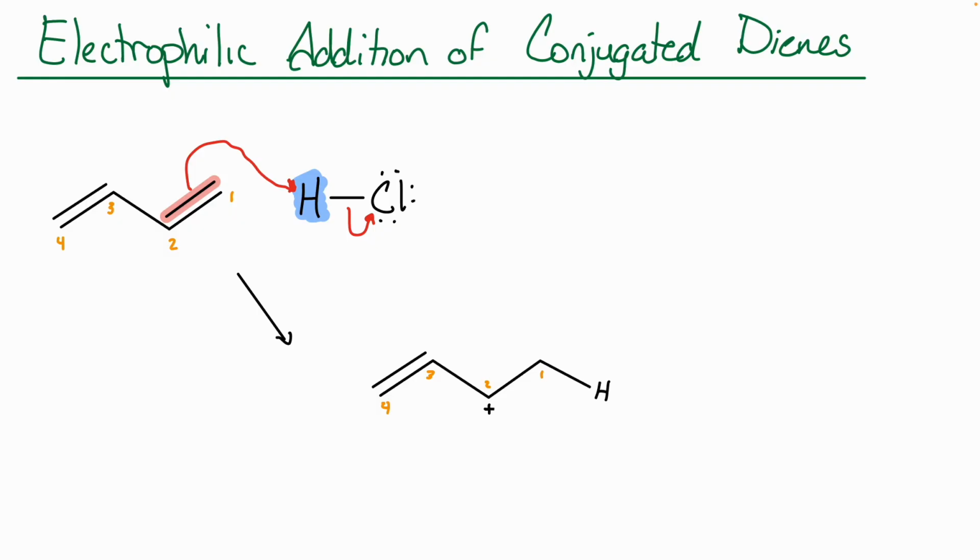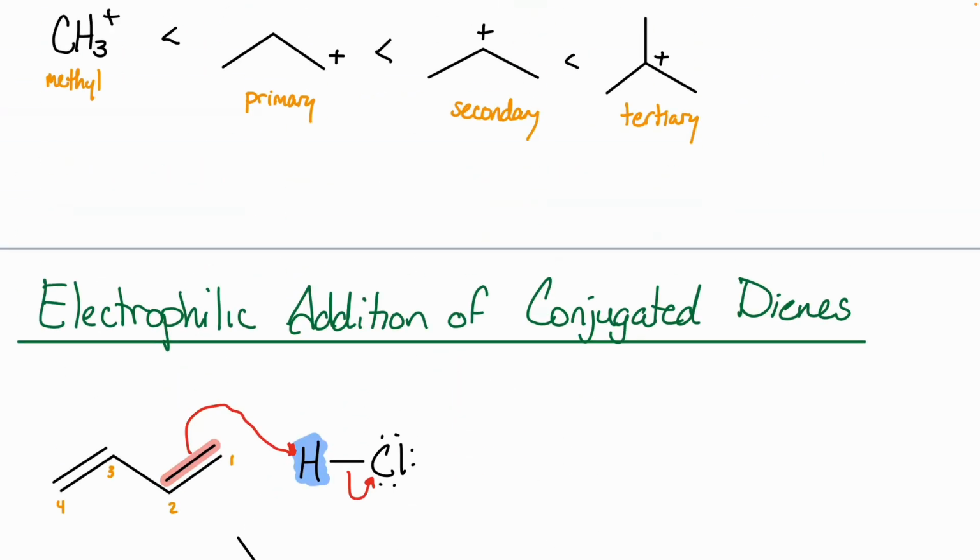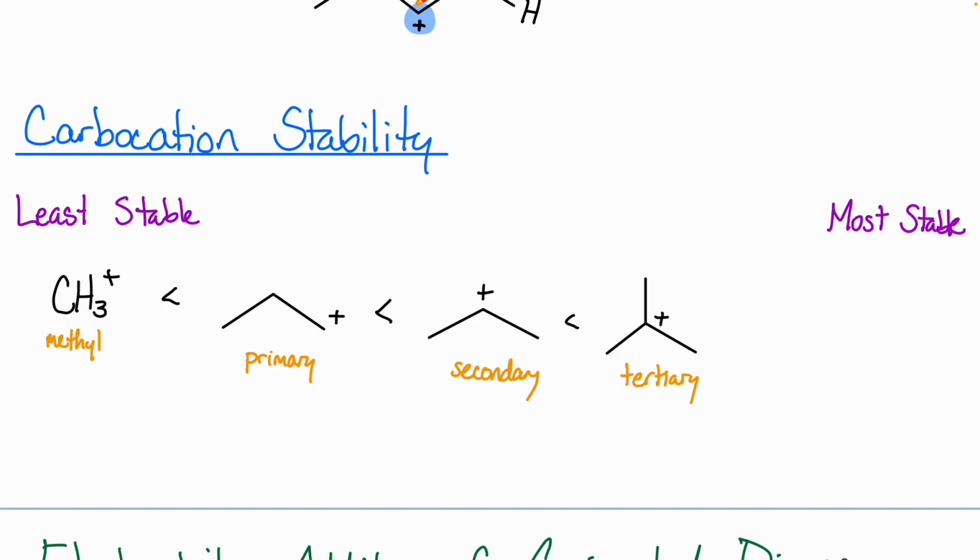It doesn't have to do with the fact that this carbon is a secondary carbon. It has to do with the fact that it's right next door to this carbon-carbon double bond, what we call the allylic position. Because it turns out that in our scheme here, what's even more stable than a tertiary carbon is one that's located right next door to a double bond, or an allylic carbocation.